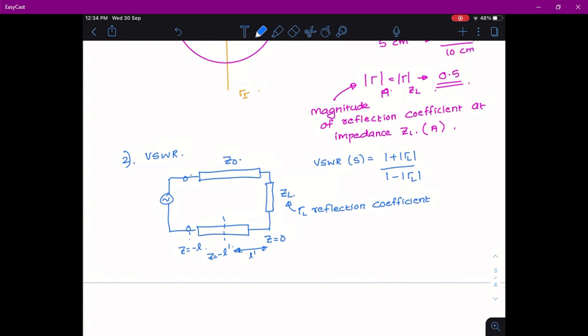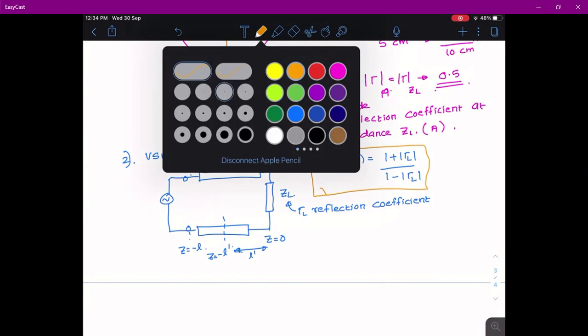If you look at VSWR, what is the speciality that you are seeing with respect to the distance?